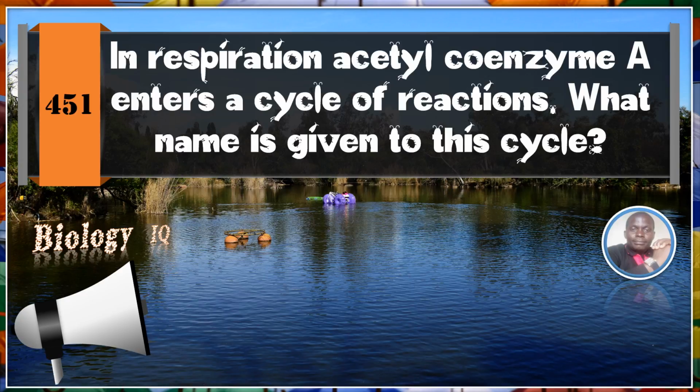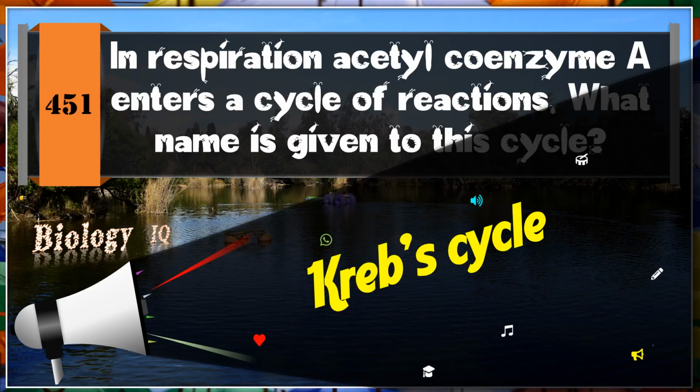In respiration, acetyl coenzyme A enters a cycle of reactions. What name is given to this cycle? Krebs cycle.